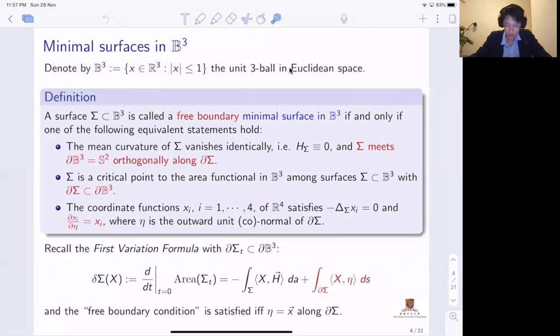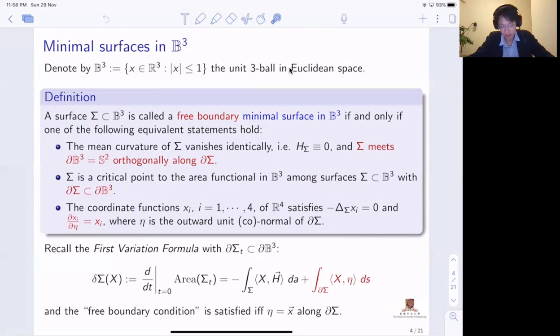You see that this will always vanish for any X which is tangential to the boundary sphere, so only when eta is perpendicular to the boundary sphere. So this free boundary condition would be achieved when eta is parallel to the position vector in this case.